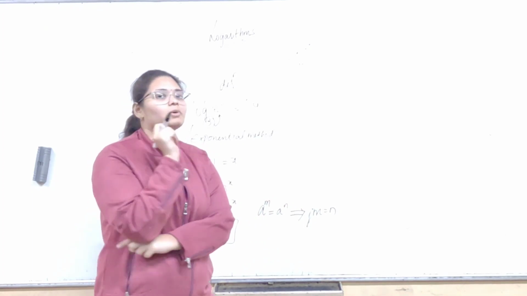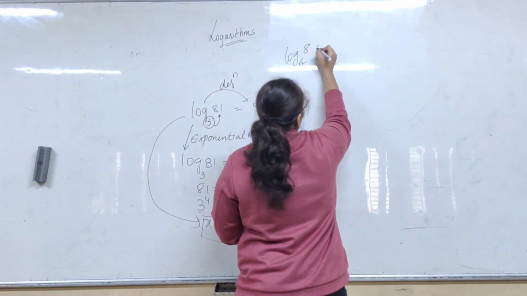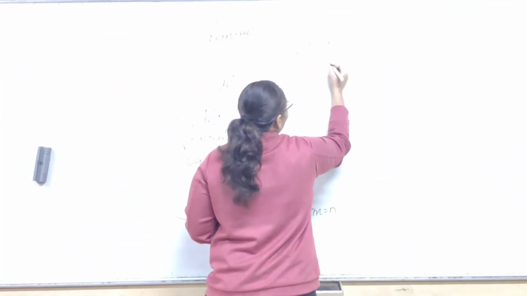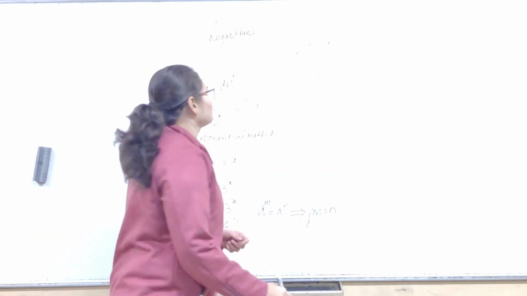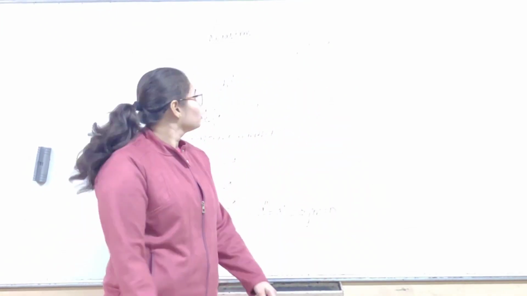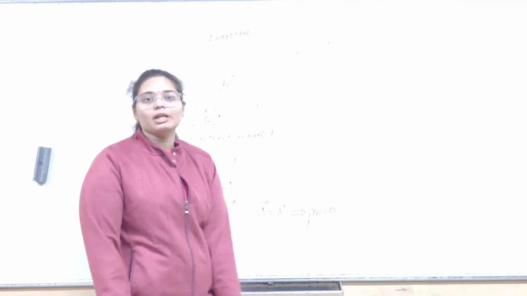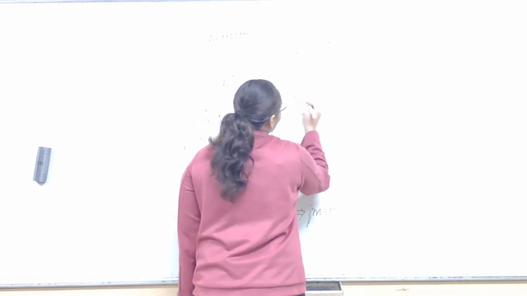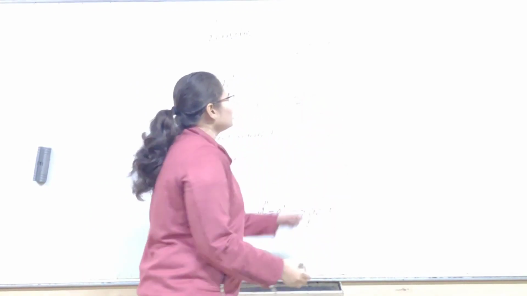So let's go through the exponent method. Let it be x. So 8 is equal to root 2 power x. Now, 8 in terms of 2: what is the power of 2 that equals 8? It is 3. So 2 cubed is equal to root 2 power x.